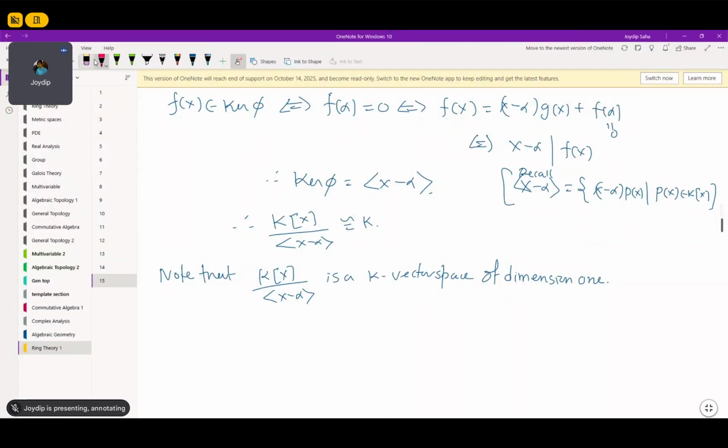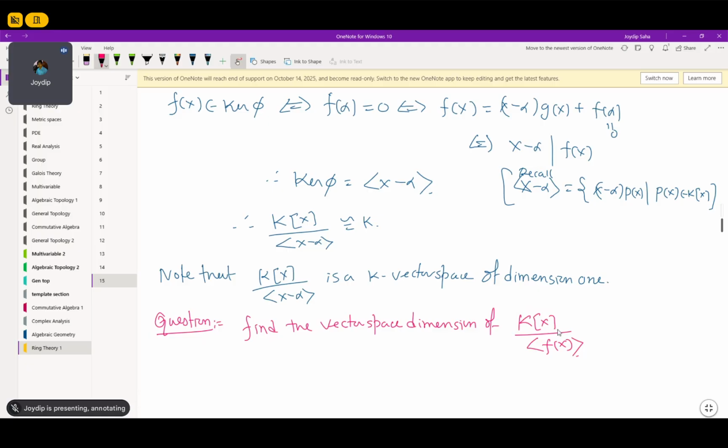The question is, find the vector space dimension of k[x] quotient the ideal generated by f(x).